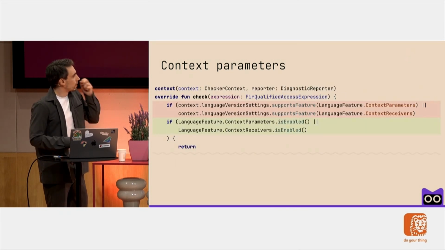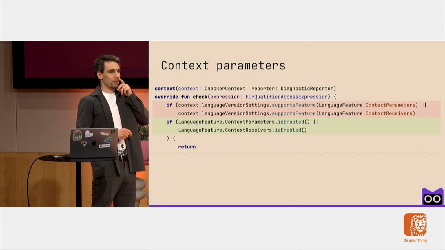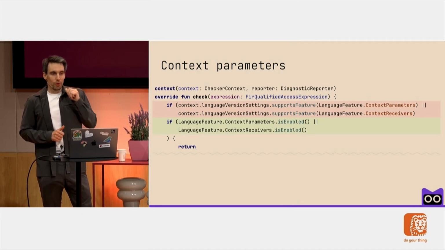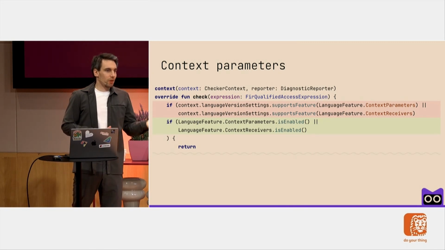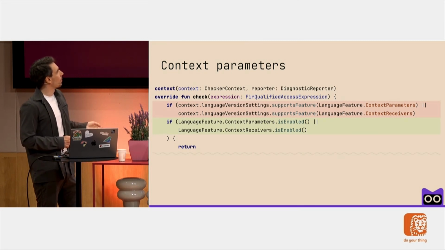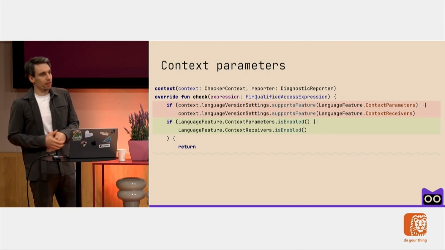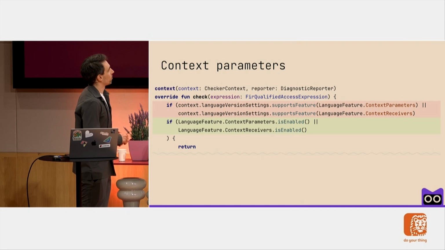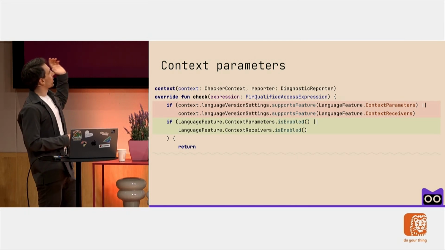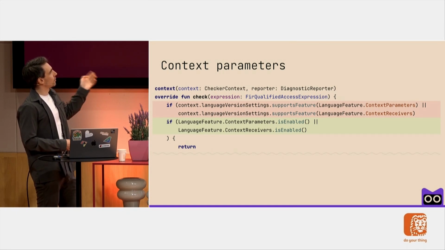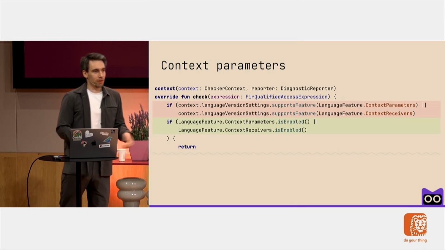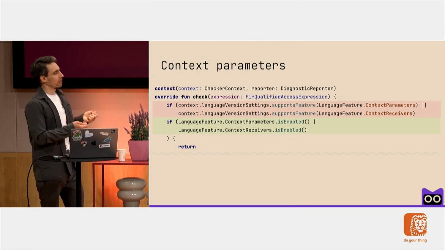And just a small note that I took this example directly from our compiler. On the one hand, it's a very clear and small addition to the compiler in terms of API, but on the other hand, it actually greatly simplifies how you can now read the code, because previously we had to write something like if context.languageVersionSettings.supportsFeature and so on, which doesn't matter at all, because what matters here in terms of business logic is whether a certain language feature is enabled or not.